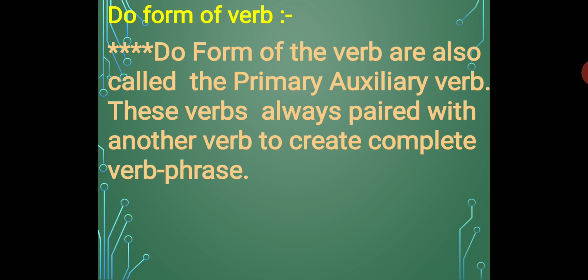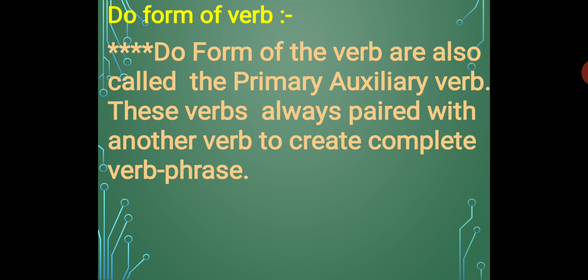Means the do form is called the primary auxiliary verb, and these verbs are always used with another verb in the sentence. And we know that when there is more than one verb in the sentence, it is called a verb phrase.